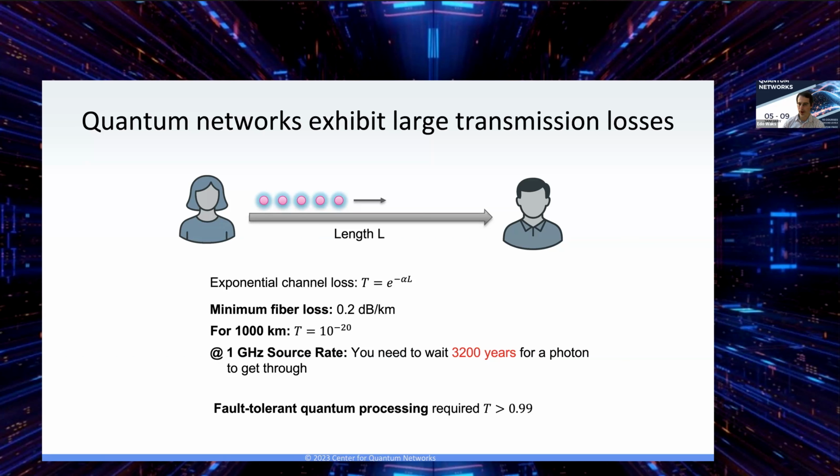So this is just completely impractical. And if you want to do any kind of fault-tolerant quantum network protocols, you need transmissions greater than 99%, it means you can't go even over a few meters. So this problem is a real bottleneck.